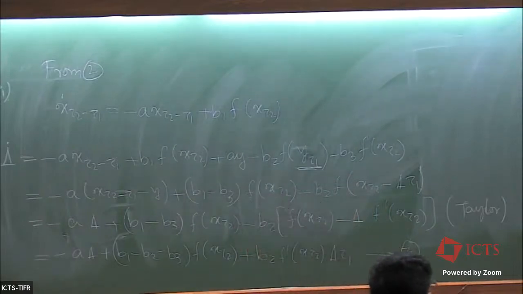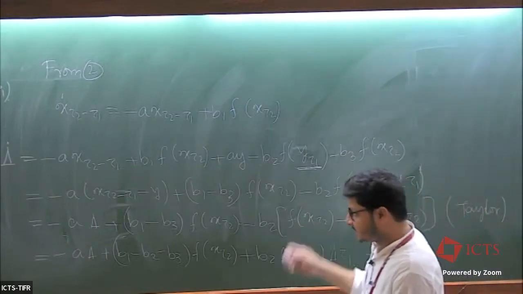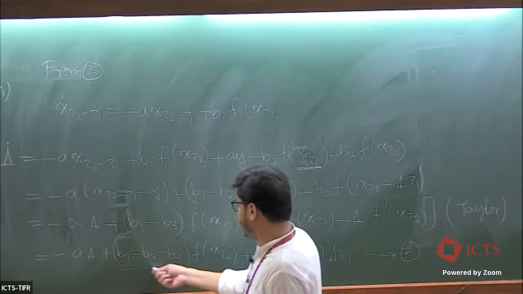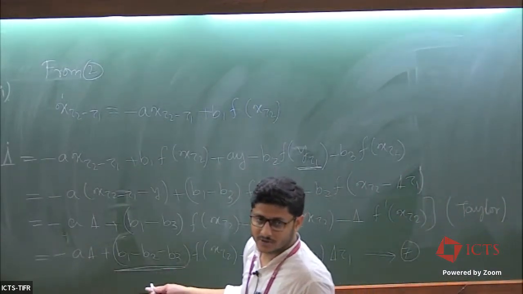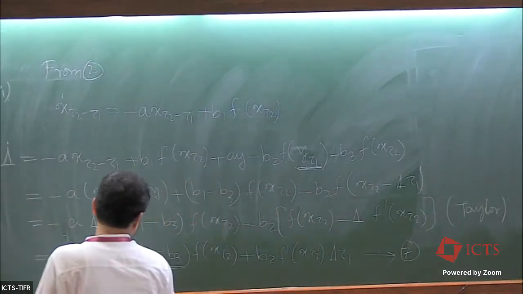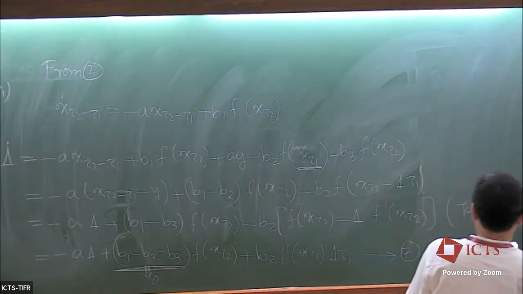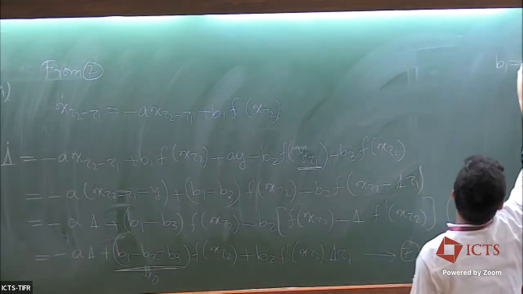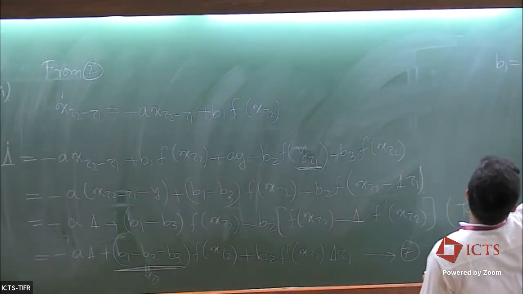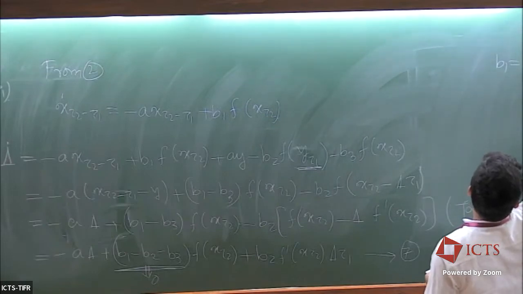Now this is an inhomogeneous equation and you cannot go further with this equation. But if we make this term 0, then we can do some calculation further. So we give the constraint b1 equals b2 plus b3.